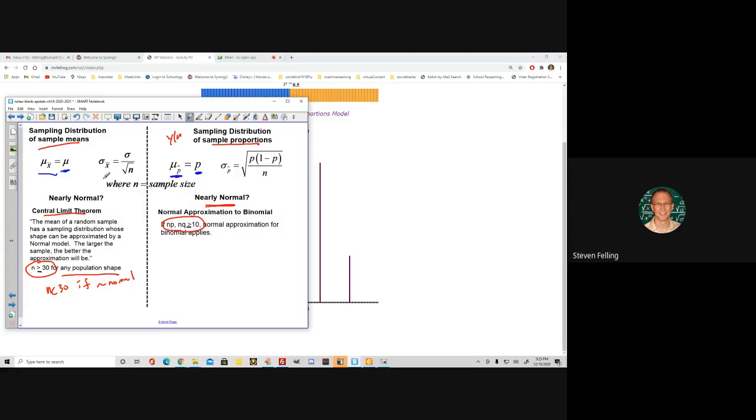But when it comes to the standard deviation, the standard deviation of means is the standard deviation of the population divided by the square root of n. But for proportions, the standard deviation does not depend upon the standard deviation of the population. It depends upon the center value, p. It's the square root of p times 1 minus p over n. So this is where the big difference is, and that's going to have other ramifications later that we're going to explore in chapters 23 through 25.